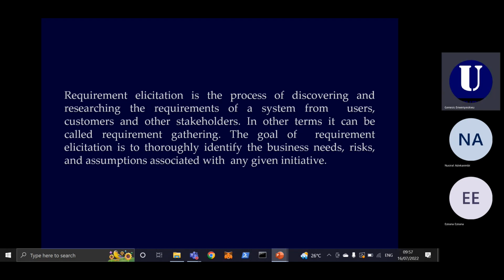Is to identify the risk. What risks do we stand to gain, right? What are the assumptions for that particular initiative? Those are some of the things that requirement elicitation will help us to understand in an initiative, in a project.